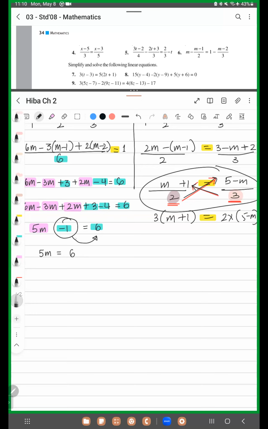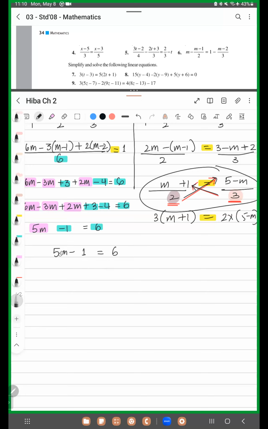No, isn't 5m minus 1 like an equation? Hiba, 5m minus 1 equals 6. You have to send this 1 to the other side. This 1 is being subtracted over here. So when it goes to the other side, it will become... Oh, sorry, addition.